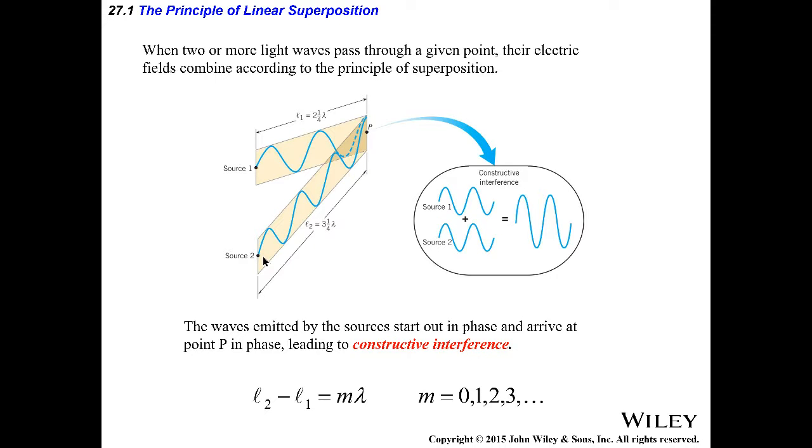Your wave of the same wavelength was directed straight at City College. So my wave had to travel a longer distance. If L2 minus L1 is m lambda, then that is constructive interference. Okay, let's grasp that very clearly.